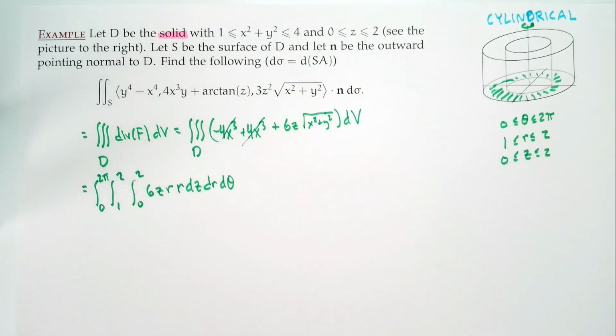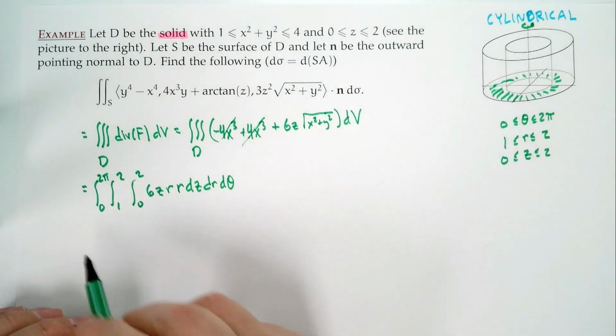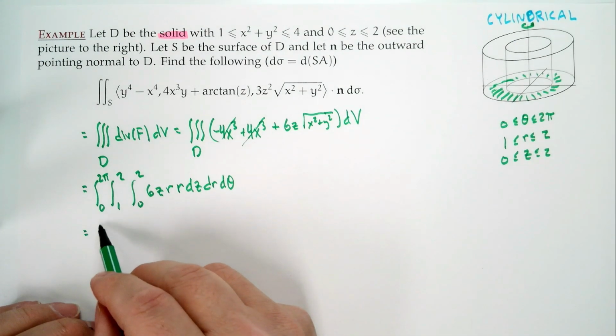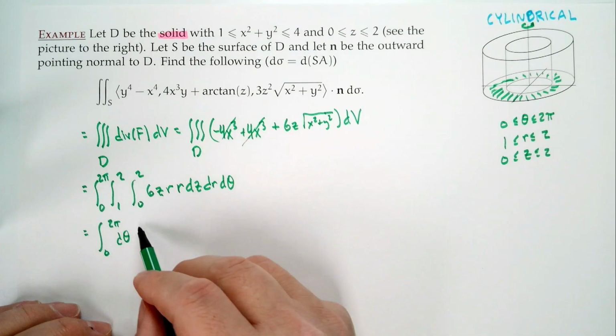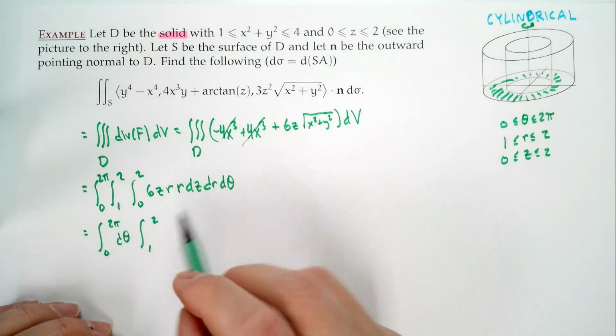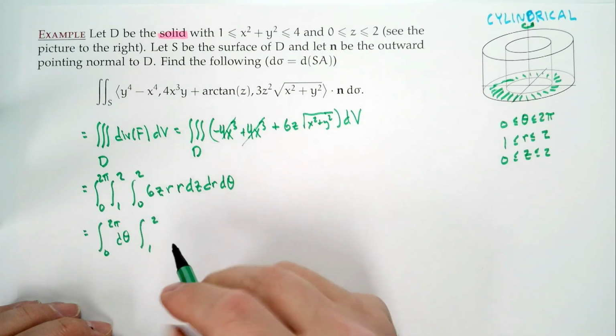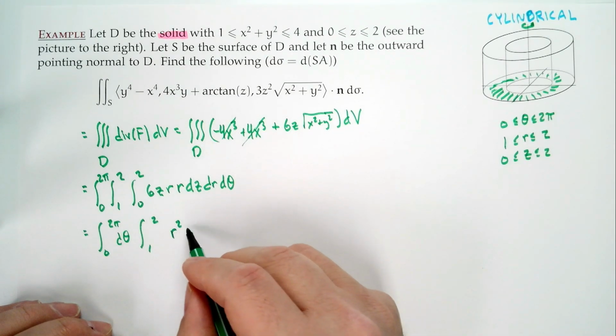Now, what do we need to do? Well, we just need to do this integral. This is an integral which you can break up nicely. So let's see, how can we break it up? Well, 0 to 2 pi d theta. That's an easy integral. 1 to 2 of r squared. That's an easy integral.